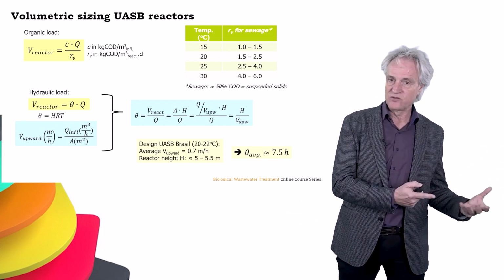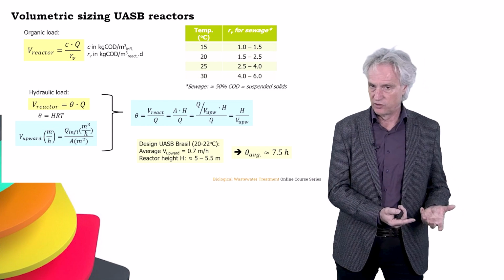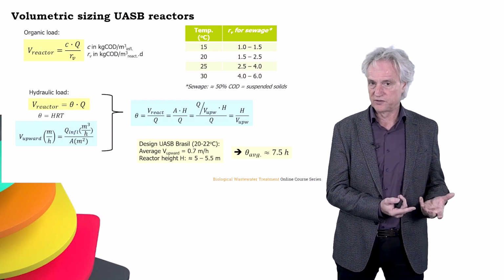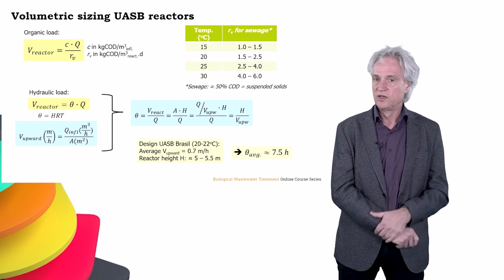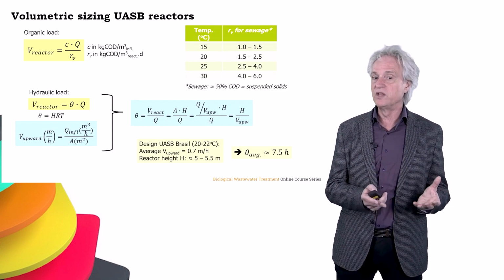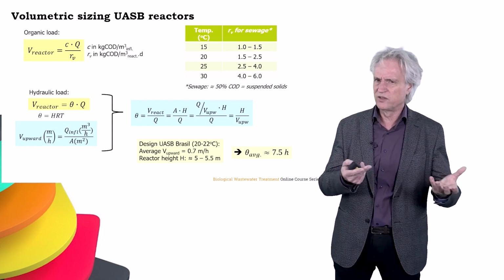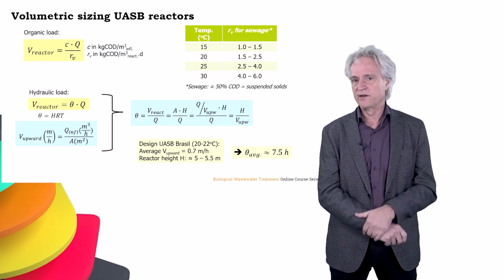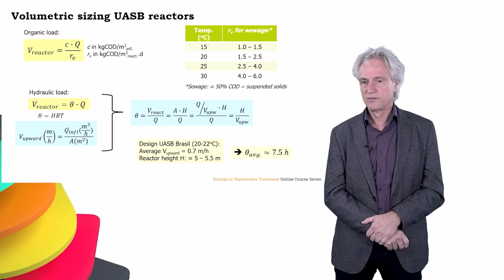Now in the past decades, a lot of experience has been built up with full-scale reactors. And from their experience, the average upward velocity that is recommended is 0.7 meter per hour, which is more or less in a similar range as the clarifier of an activated sludge plant.